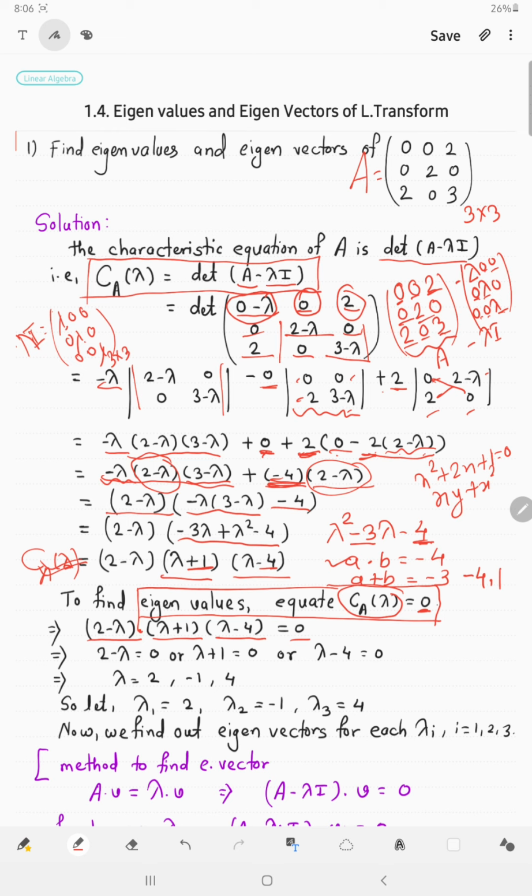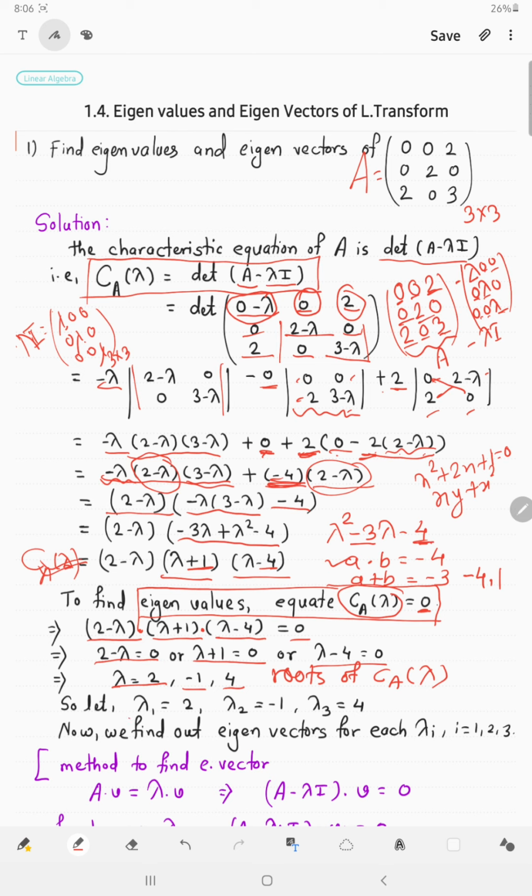Obviously this is a product of three terms, so I will get 2 minus lambda equal to 0, lambda plus 1 equal to 0, lambda minus 4 equal to 0. So obviously I get lambda is 2 or minus 1 or 4. Now these are the roots of the polynomial C_A of lambda. These roots are nothing but the eigenvalues.